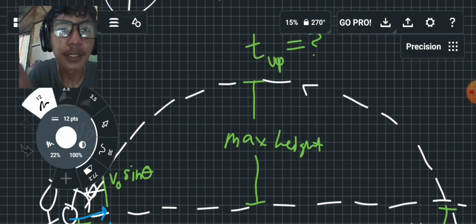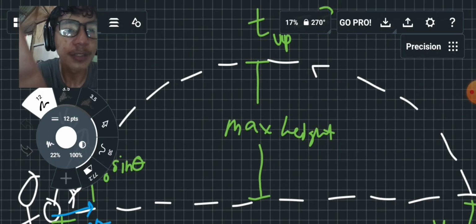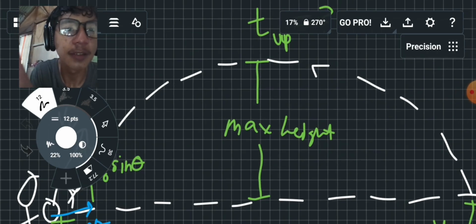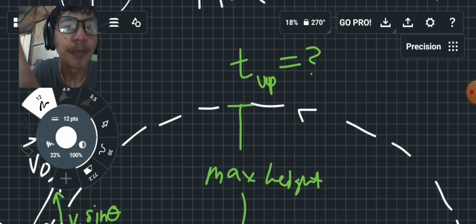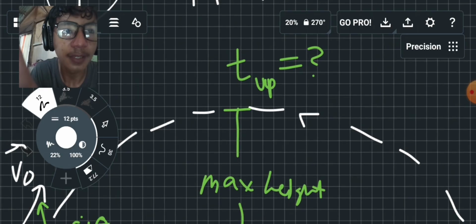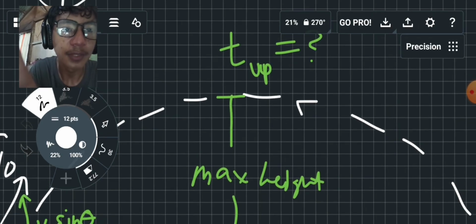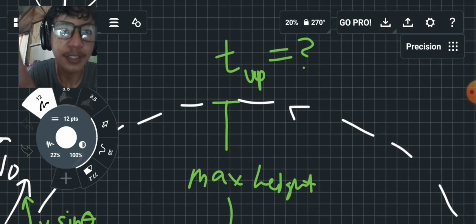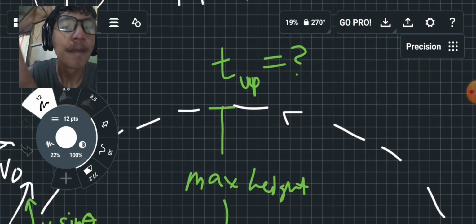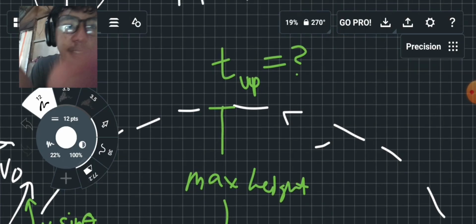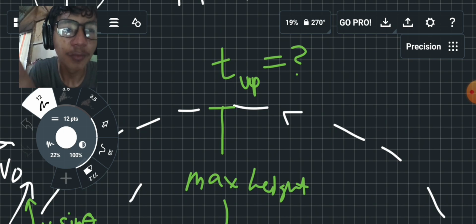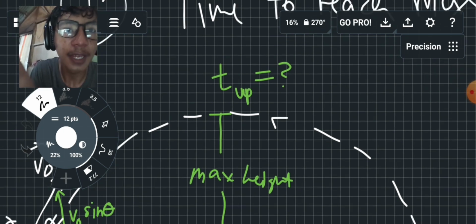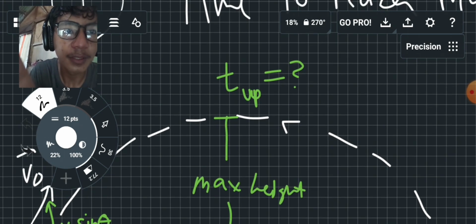So it is inevitable for that object to reach its maximum height. But after that time, the object will now go down. Gravity has won. But when does that happen? We will denote that time as t sub up.